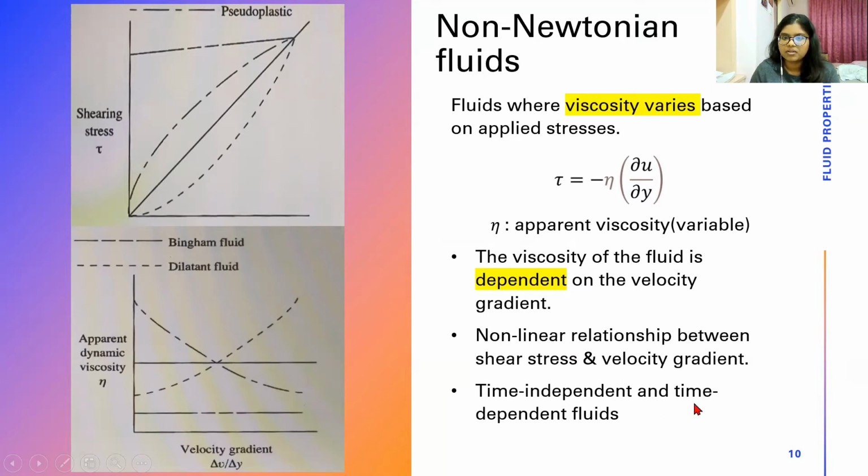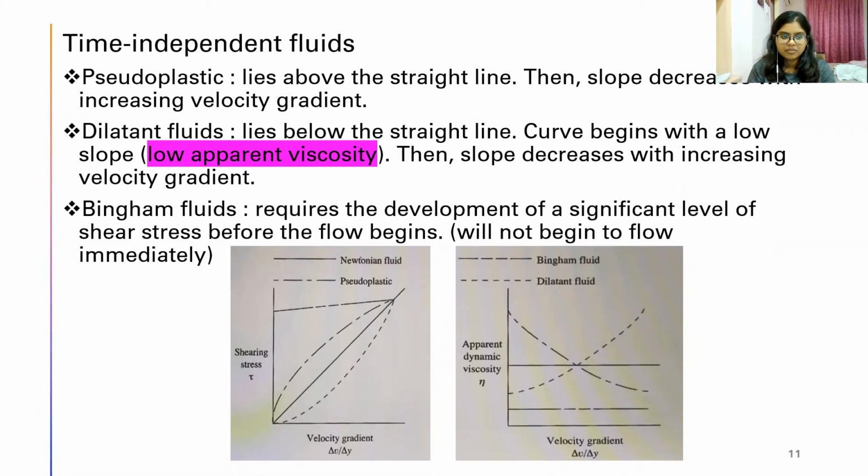There are two types of non-Newtonian fluids, which are time-independent and time-dependent fluids. There are three types of time-independent fluids: pseudoplastic, dilatant fluids, and Bingham fluids. Pseudoplastic fluids: the shear stress versus velocity gradient curve of pseudoplastic lies above the straight-line constant slope of Newtonian fluid.